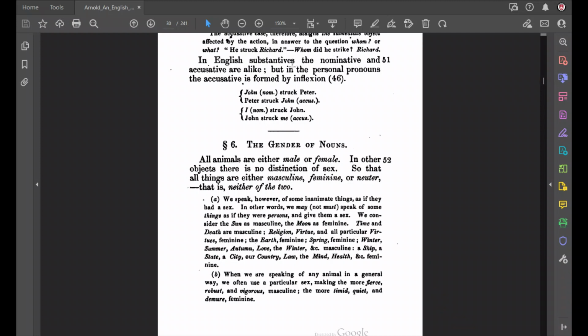And if there are things that are neither male nor female, we don't call them masculine or feminine, we call them neuter. Neuter, which in Latin means neither. They are neither masculine nor feminine. Our lesson says things are either masculine, feminine, or neuter. That is, neither of the two. All right, so there are 3 genders.